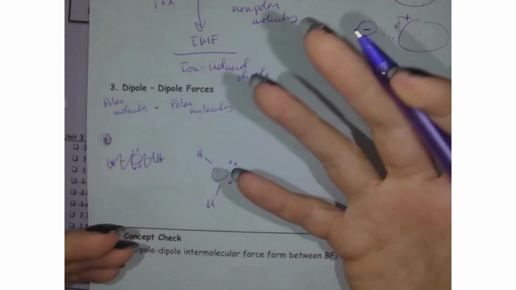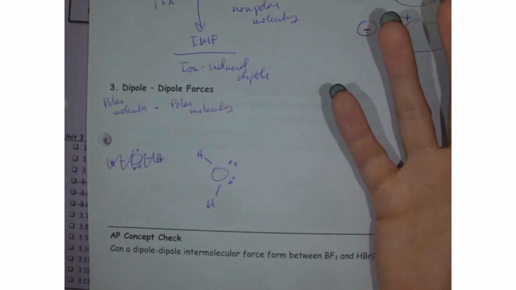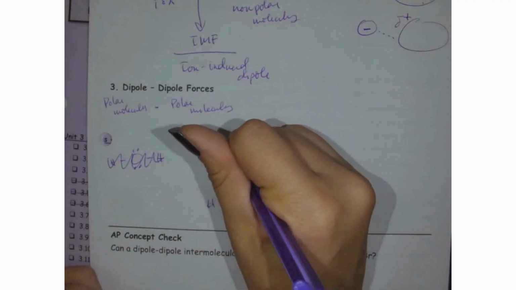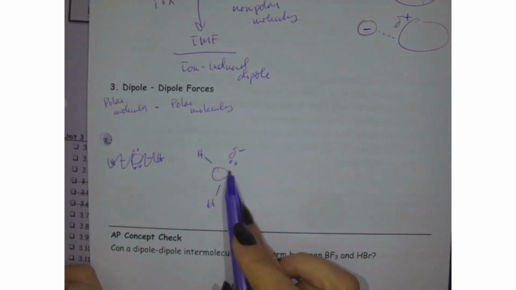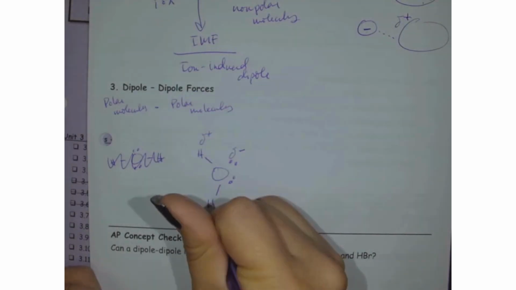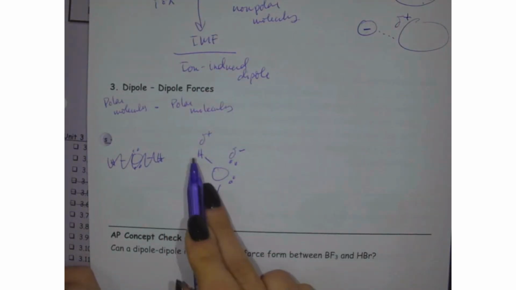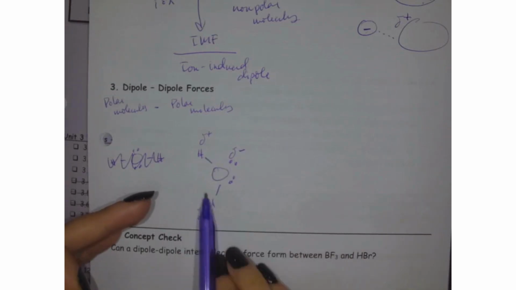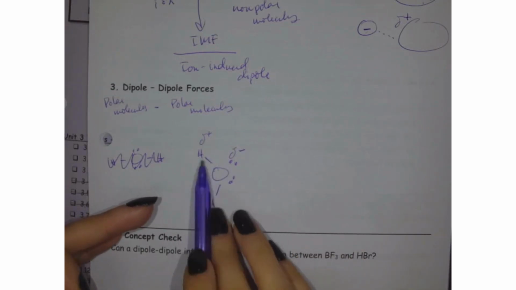And so we have this permanent dipole. It's kind of like a magnet, where this end of the molecule is going to be negative over here, and the hydrogens, electrons spend less time with the hydrogens, the electrons spend more time over here, less time over here, and that makes positive ends.